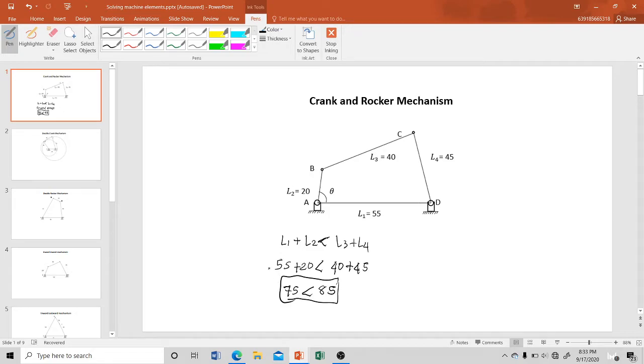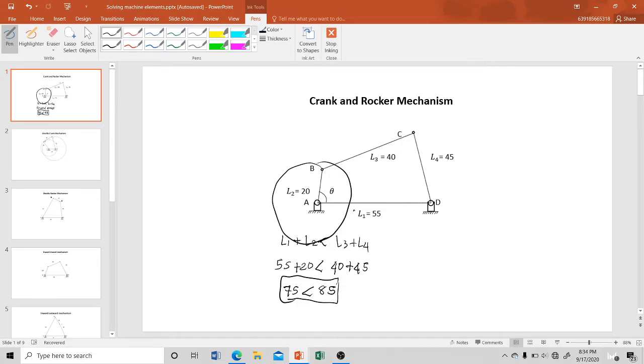Okay? So this one can make a full rotation, like that.